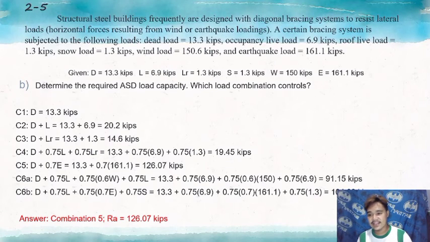And for our second question, determine the required ASD load capacity. Which load combination controls? For our combination 1, which is D is equal to 13.3 kilopascals, combination 2 is D plus L, which is equal to 20.2 kilopascals.